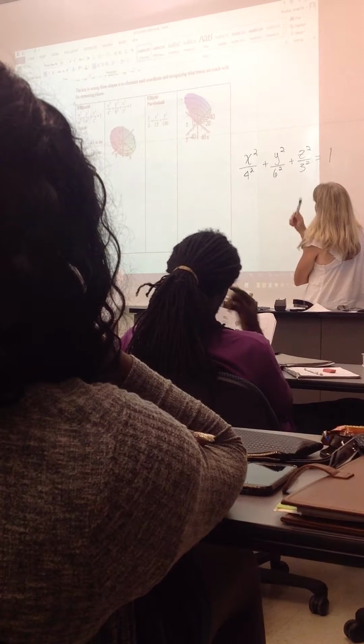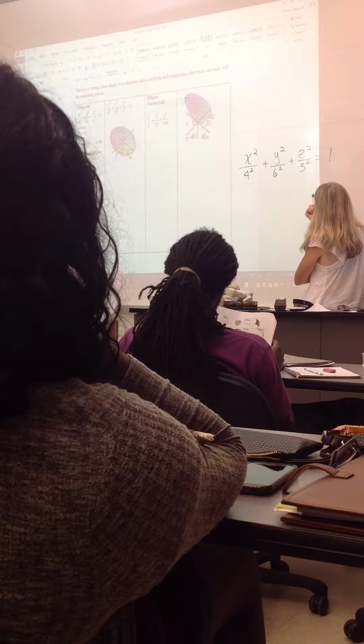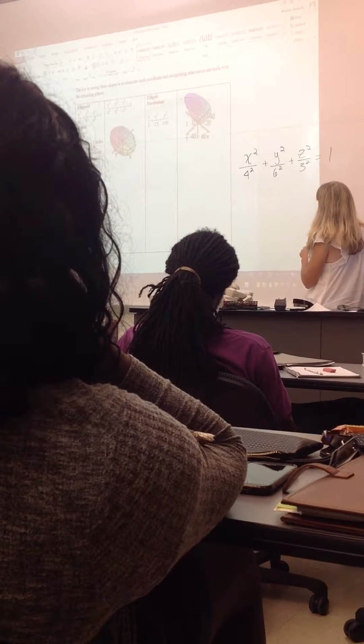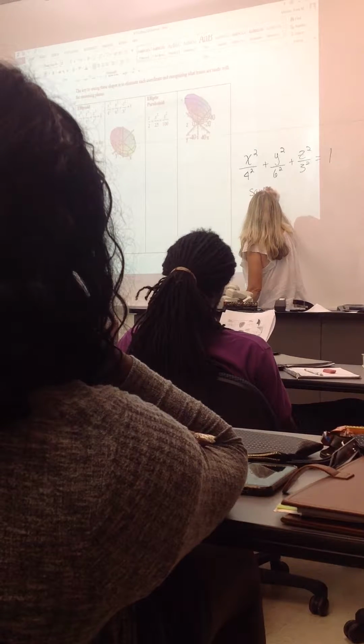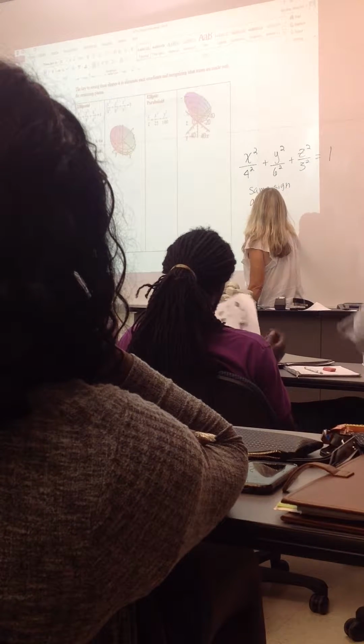The example that we've started with is this one. Notice that x and y and z are all squared and they're all the same sign. They're all the same sign and all squared.